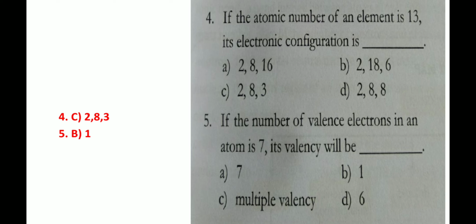Now the fourth one, if the atomic number of an element is 13, its electronic configuration is dash. Option C, that is 2, 8, 3 is the correct one. Now the fifth one, if the number of valence electrons in an atom is 7, its valency will be dash. Its valency will be 1.